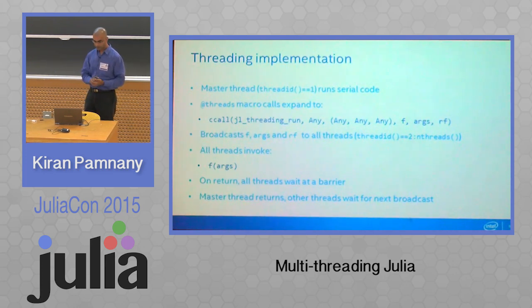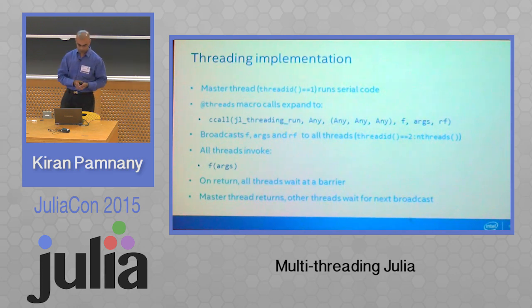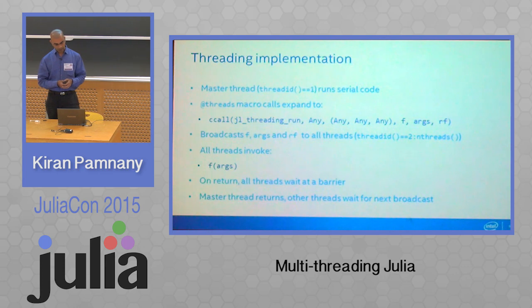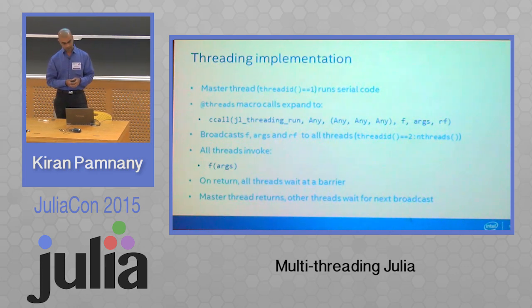The master thread, thread 1, is running along and sees an @threads macro, which translates down to this call. It broadcasts these parameters, the function and so forth, to all the threads, and all the threads call the function. That's the repetitive cycle here.